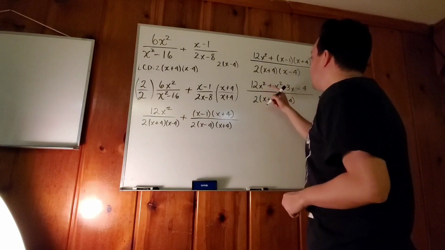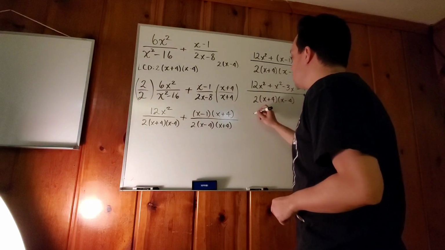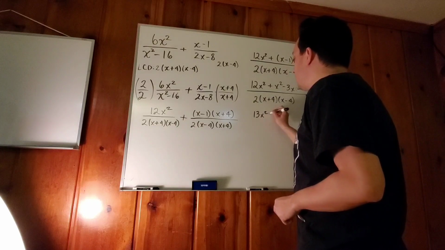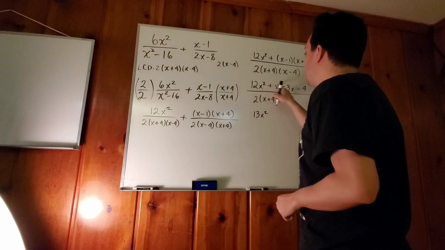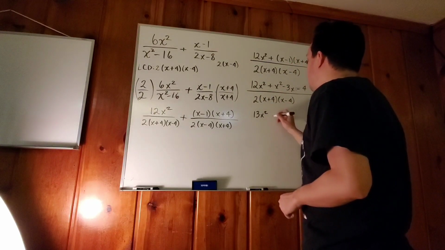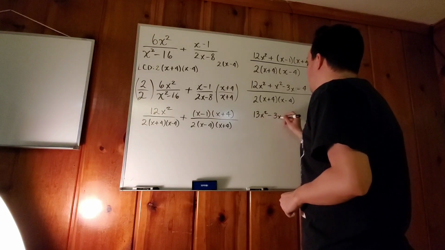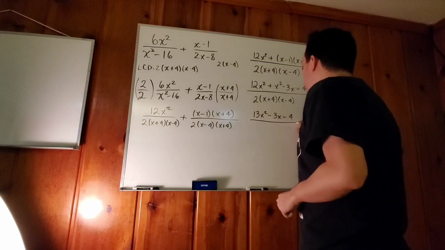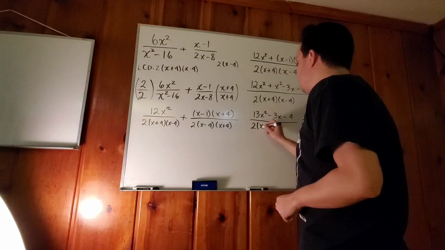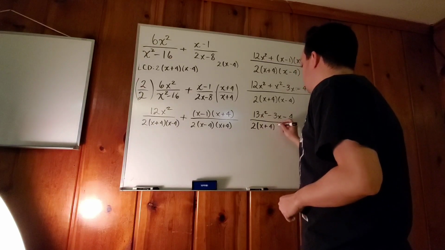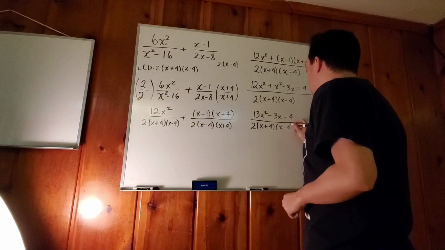We're going to combine this, and so it's going to be 13x squared, because 12x squared plus x squared is 13x squared, minus 3x minus 4, all over 2 times x plus 4, x minus 4.